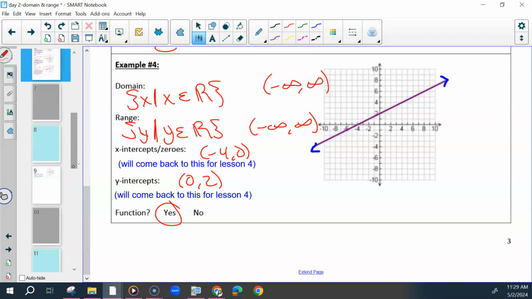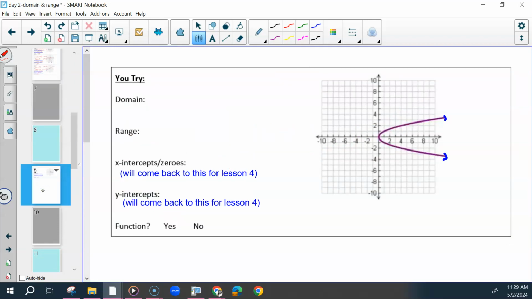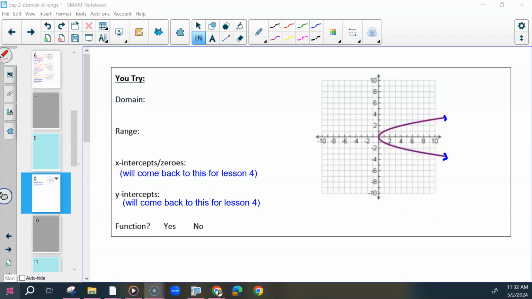I want you to try this next one, and I'll give you a couple minutes to do that. Or well, figure out, anyone have the domain answer? Yes, it's going to be curly bracket, x, vertical line, x is greater than or equal to 0. So you're still looking left to right. Furthest point to the left would be at 0, and it keeps going to the right.